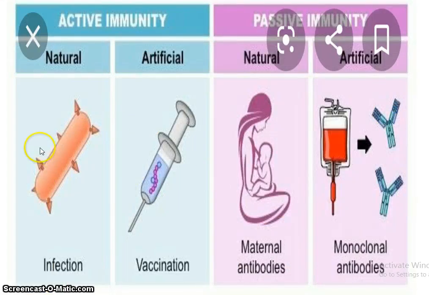So here again we can see natural active immunity acquired by infection, artificial active immunity acquired by vaccination, natural passive immunity acquired by maternal antibodies, and artificial passive immunity acquired by monoclonal antibodies.